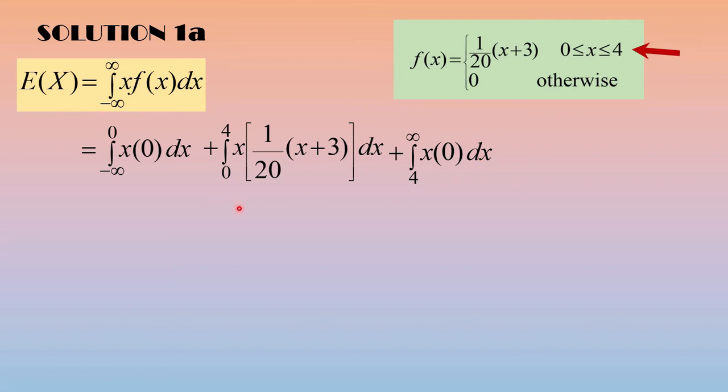Okay, so we have 3 intervals to be integrated here, but we only concentrate on the interval from 0 to 4 because the function is only defined on this interval. For negative infinity to 0 and from 4 to infinity, the function is 0.